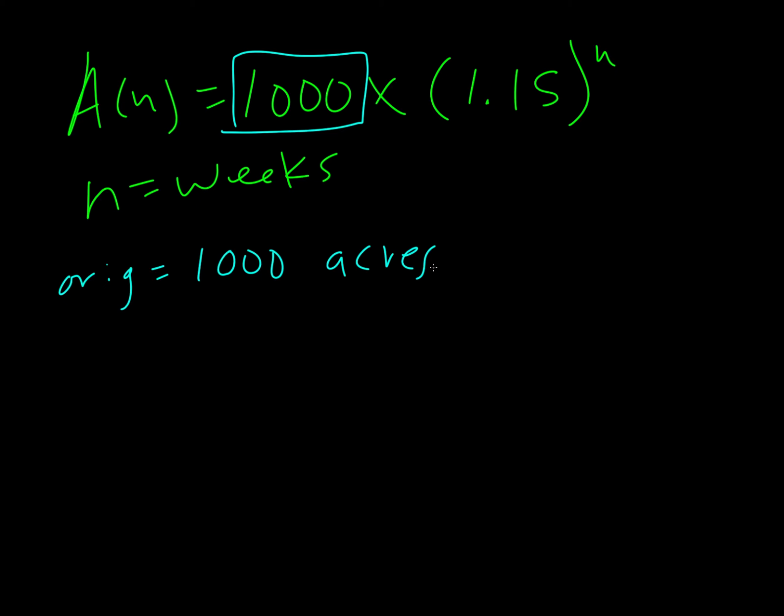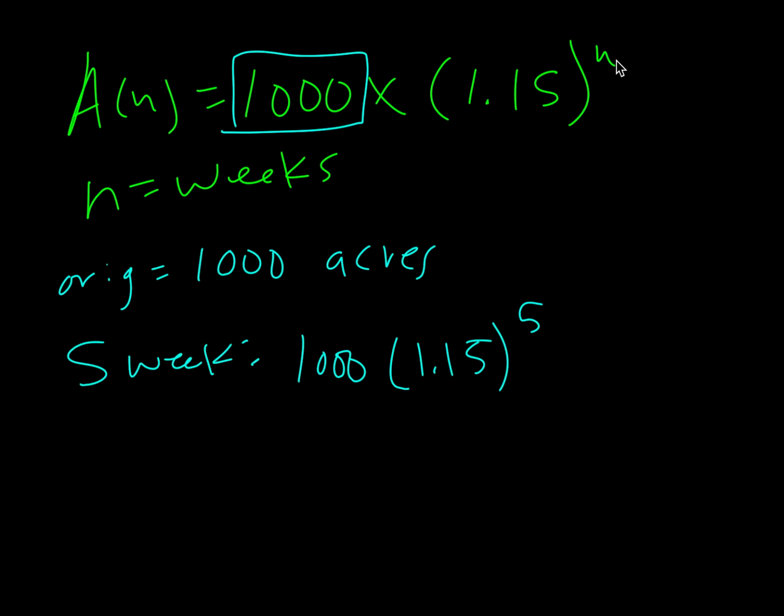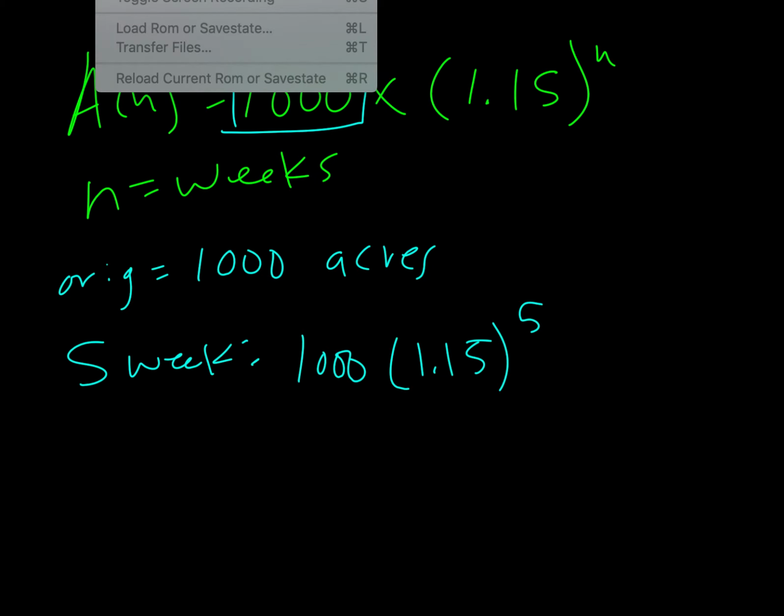Okay, find the affected area after 5 weeks. So 5 weeks. What we're going to do is we're just going to plug in a 5 for this. So we're going to get 1,000 times 1.15 and then plug in a 5. So we'll just use a calculator for that.